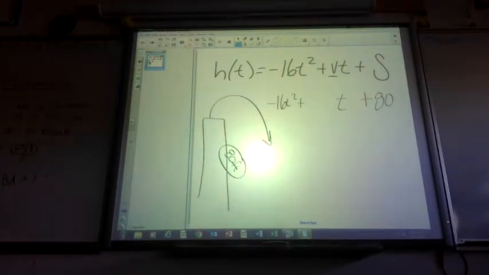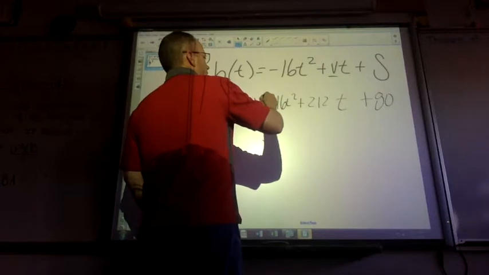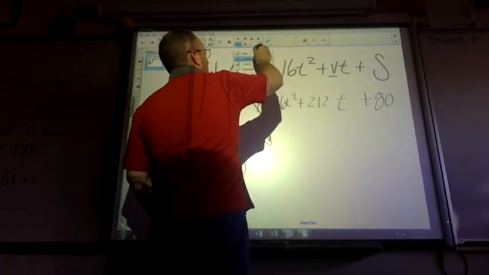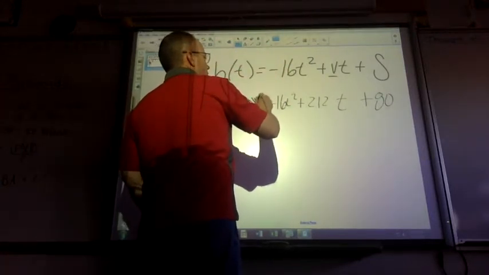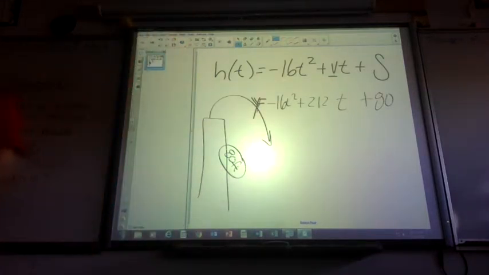So is it positive 212 or negative 212? Positive 212. So this is our equation that we're going to use on our calculator. Y equals negative 16t squared plus 212t plus 80. And again, the t's are going to act just like x's would act with our parabola. We good so far?